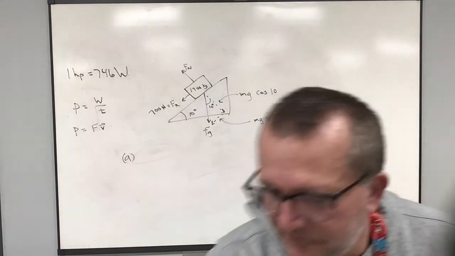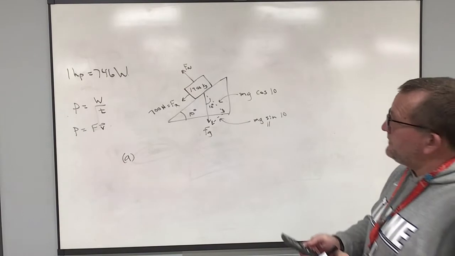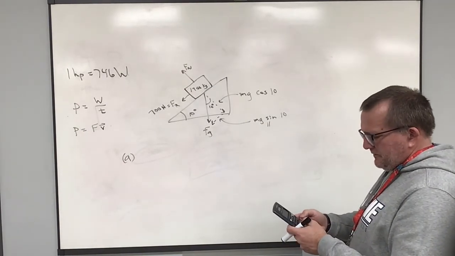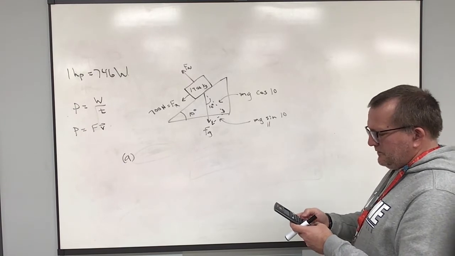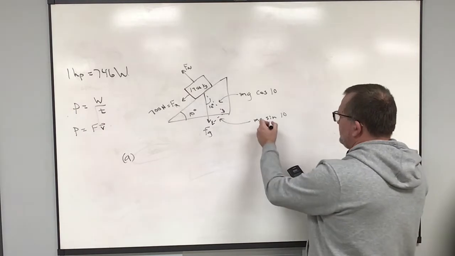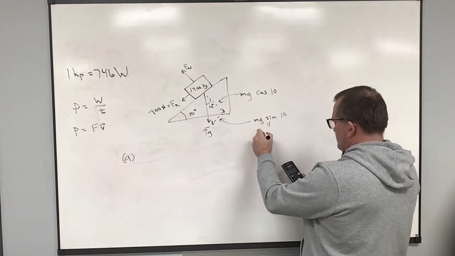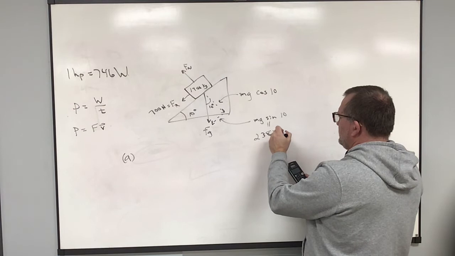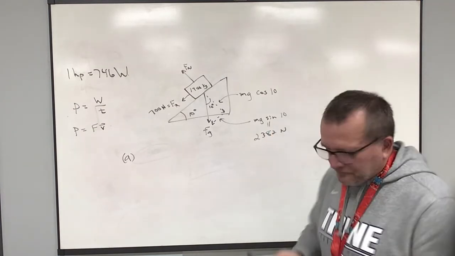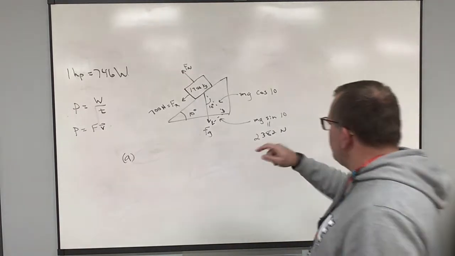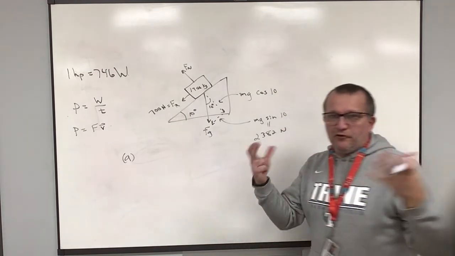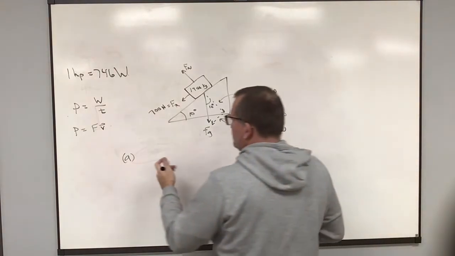mg sine of 10, mass is 1,400 times 9.8 times the sine of 10. And I get this to be 2382 newtons. So now that we know this, plus 700 will have to equal the applied force, because our forces are balanced, because we're going at a constant speed.